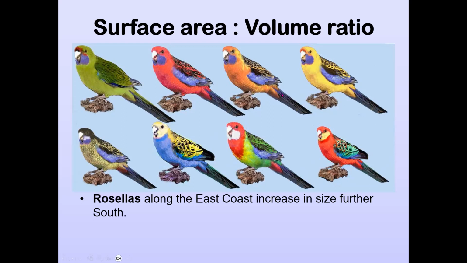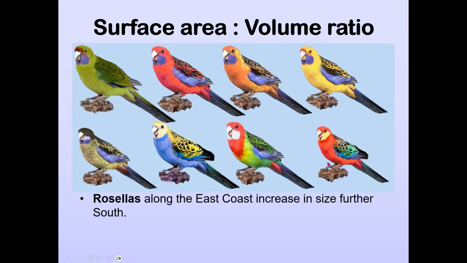So when it's looking for seeds, it's quite well camouflaged. This one here is called the Adelaide rosella, the yellow rosella, and that's camouflaged too, because it walks around dry grass looking for seeds. So camouflage comes into it.